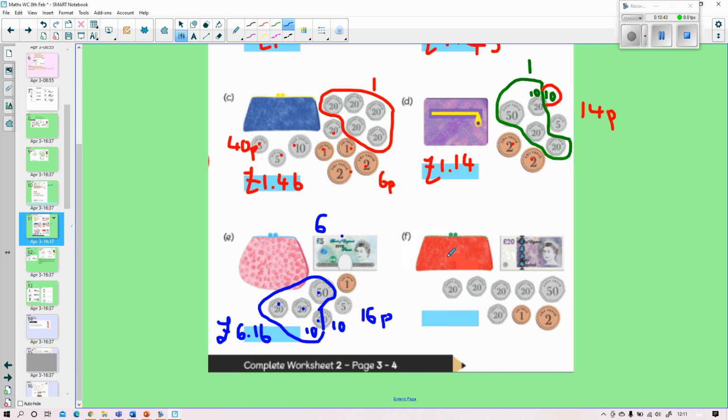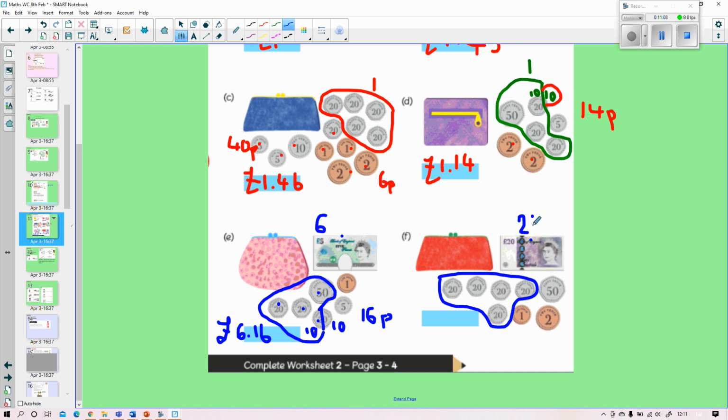Okay, last one. I've got a £20 note here, dot to show I've got it. Now this time, I'm not going to look at this larger coin because I've got something easier to use. Have a look here at what I'm circling. Yes, that's right, year 3. I've got 5 20s, which gives me £1 straight away. So I've already got 20 and 1.